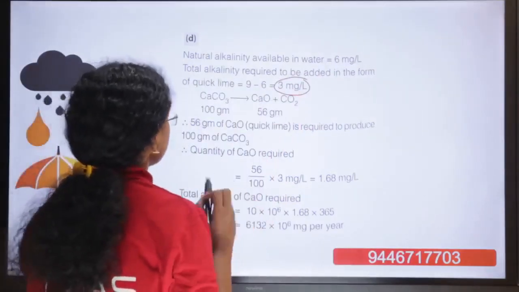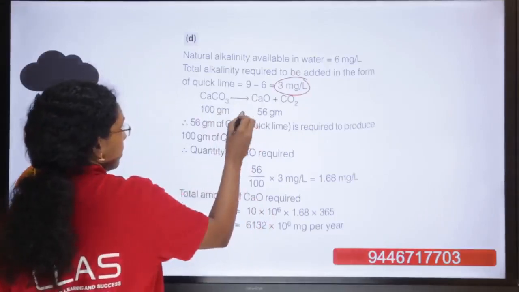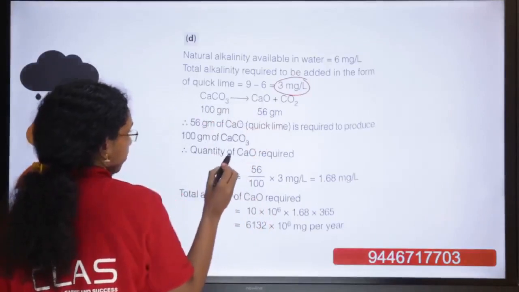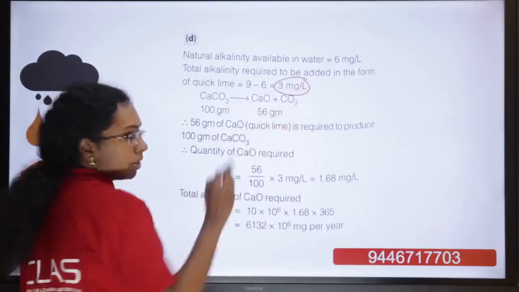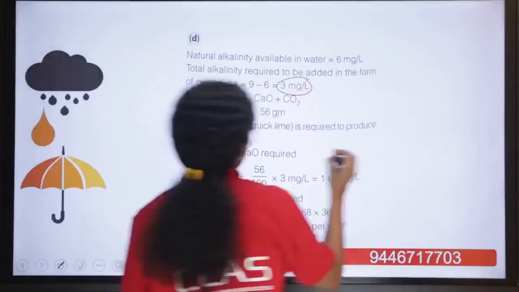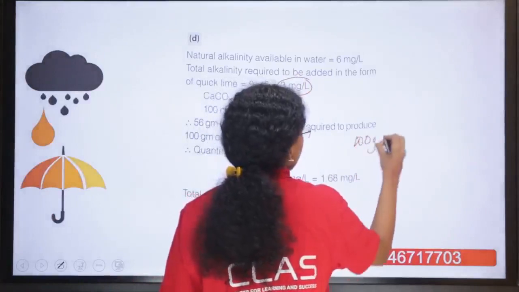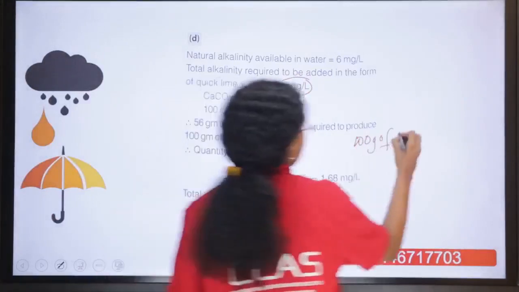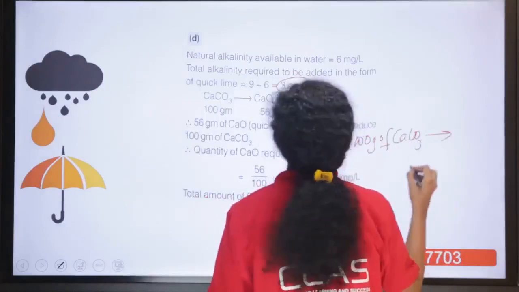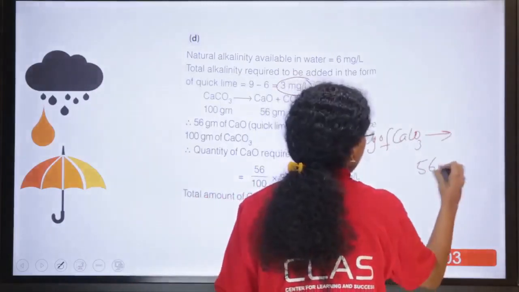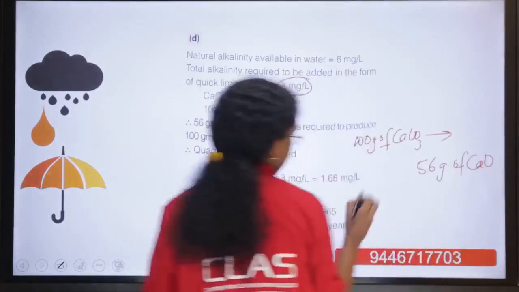So now we can say 100 grams of CaCO3 will give you 56 grams of CaO. So the quantity of CaO required to produce 3 milligram per liter: 100 grams of CaCO3 produces 56 grams of CaO.